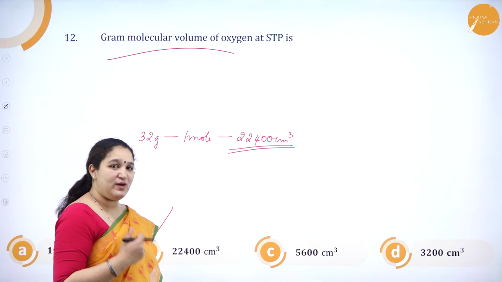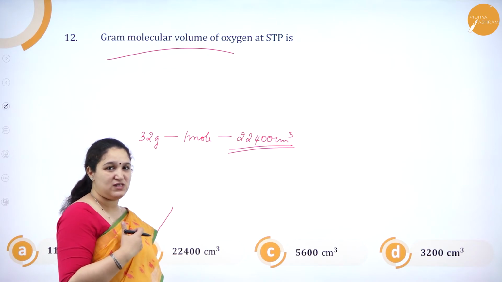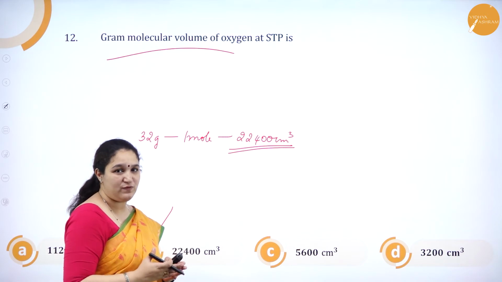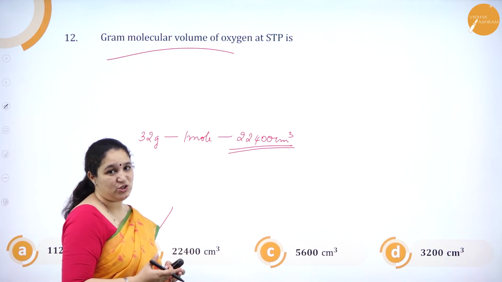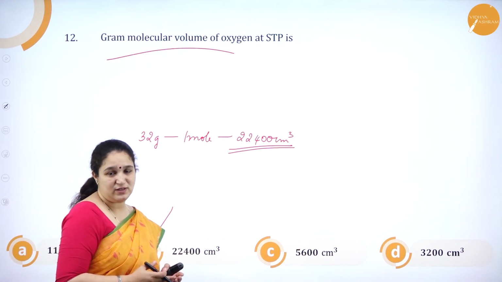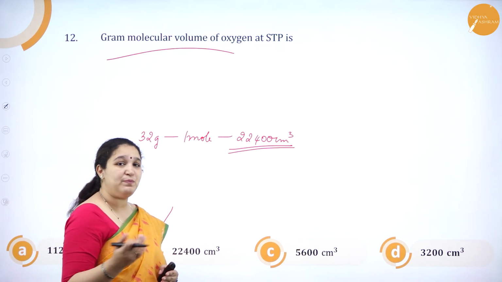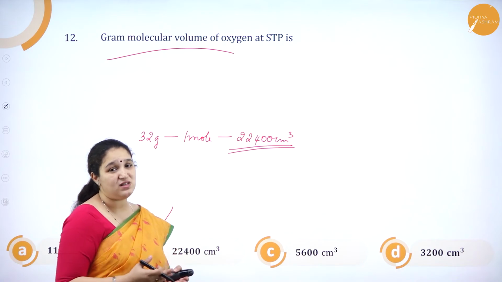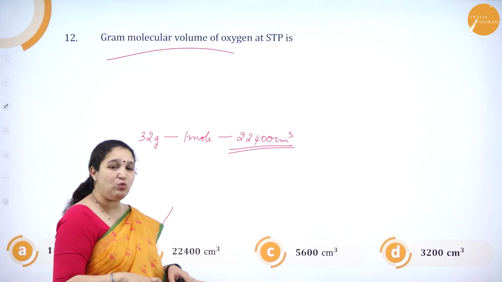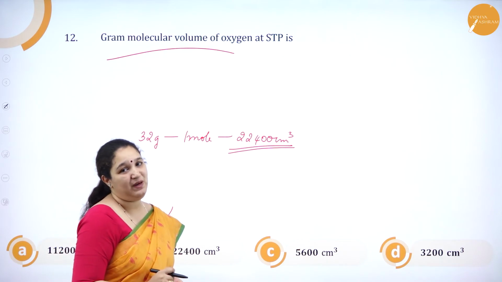Only because the question is asked from the previous syllabus where STP conditions were taken as 1 atmosphere, 1 mole occupied 22,400 cm cube. But at 1 bar pressure it is 22,700 cm cube, which is what we are using at present as the STP conditions.